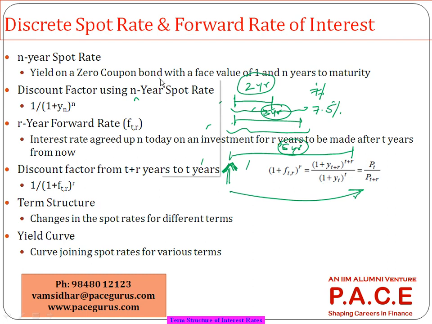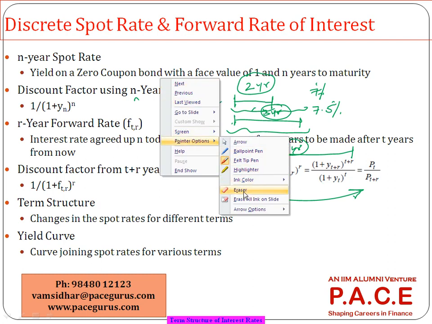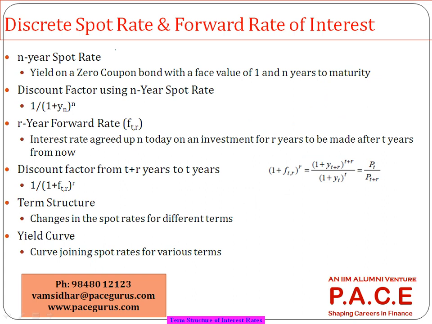And now let's use a different term called forward rate. Whenever we use the word forward rate, it is the interest rate not from now. From now, if I am finding out a 3 year rate, we call it the spot rate.